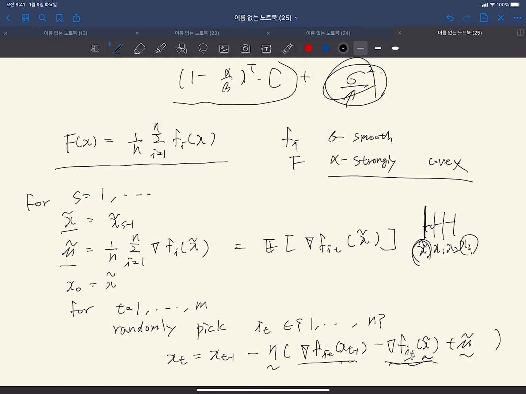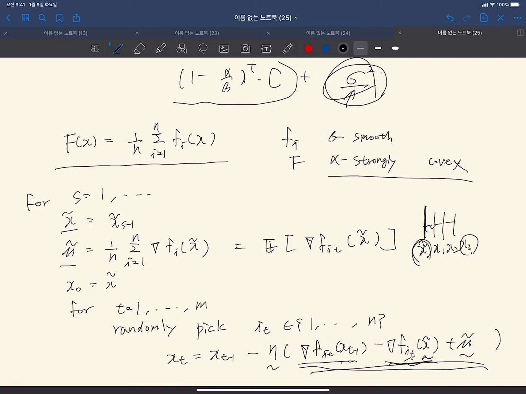And when we assume fi is beta smooth, we can say that the gradient of fit at xt minus 1 and the gradient of fit at x tilde have a very strong positive correlation. So we can expect that this simple trick can reduce the variance while keeping the same expectation.